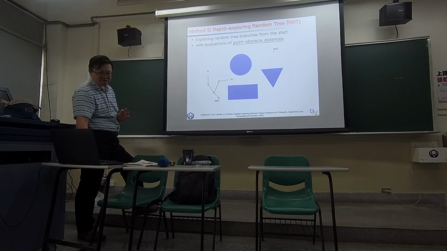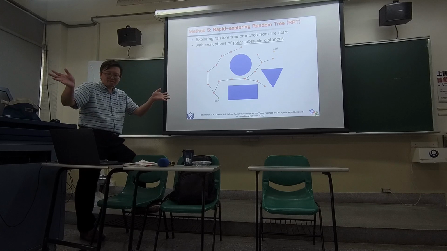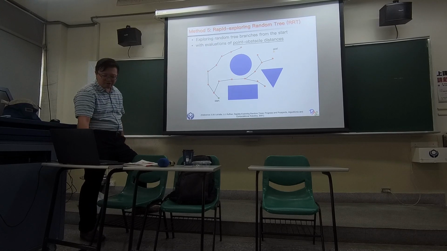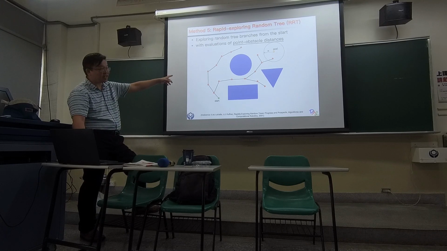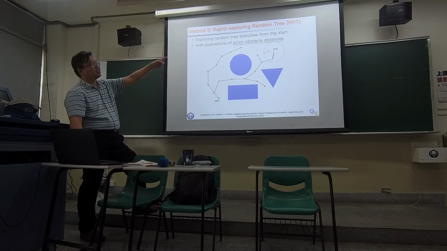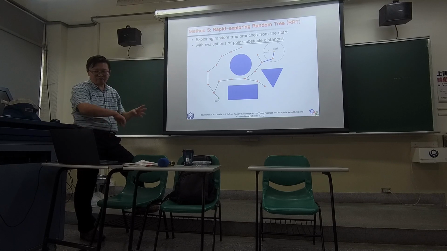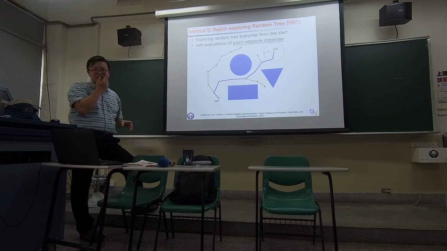You could have small branches until you reach a certain area where a point is close to the target, within a certain range. Then you connect the target with the end of the branch. So you find a complete trajectory.